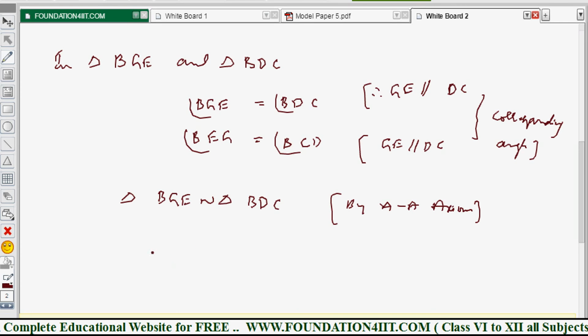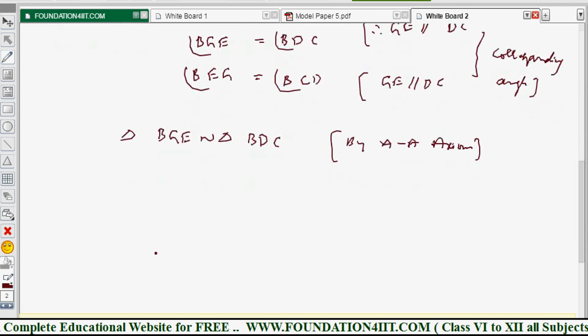Now we take the statements. Whenever two triangles are similar, corresponding sides have the same ratio. So GE by DC is equal to BE by BC, which is equal to 3 by 7.